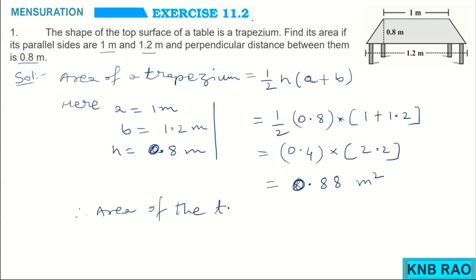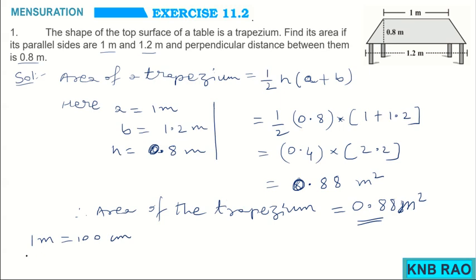Children, we have conversion from meter square into centimeter square. Let me explain that with this example. So, area of this trapezium is 0.88 meter square. If you want to convert it into centimeter square, you know 1 meter is 100 centimeter.